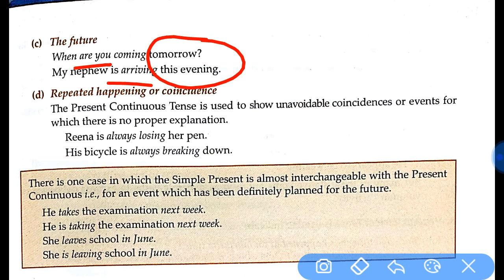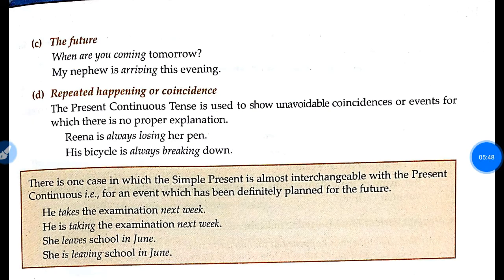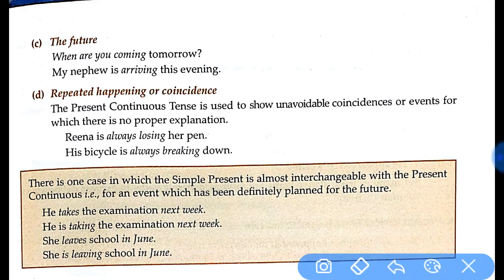And for the next one we have repeated happenings or coincidence. What is that meaning? It means something that happens, a coincidence that happens, that's unavoidable, something you cannot say no to.